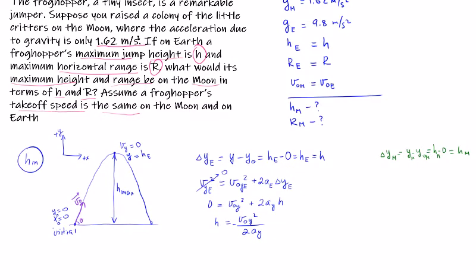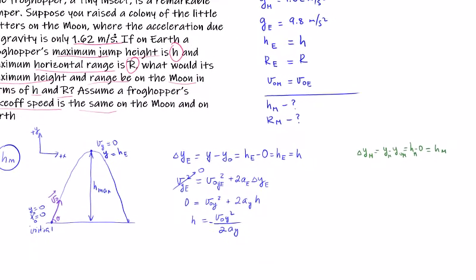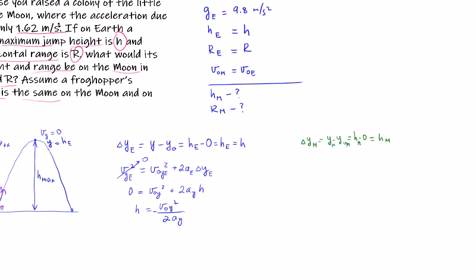Now let's do the same thing for the Moon. Exactly the same reasoning will give us a result for the maximum height on the Moon. So Vy on the Moon squared equals V naught y on the Moon squared plus 2a on the Moon delta y on the Moon.